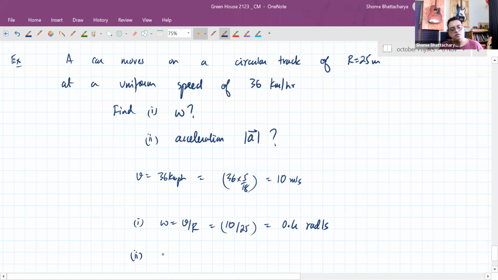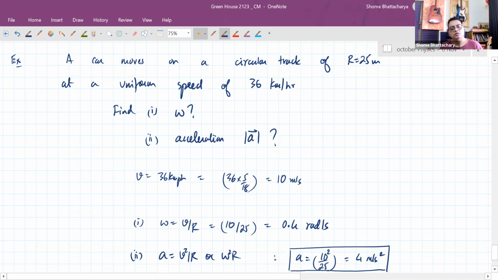And linear acceleration is v square by r or omega square r, whichever. So we have an acceleration of magnitude 4 meters per second square.